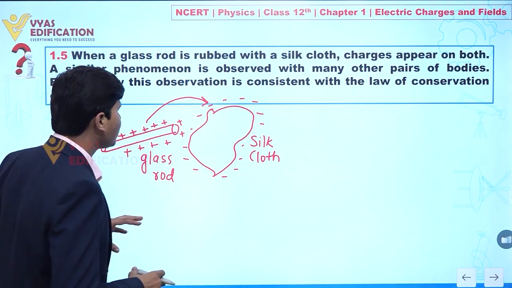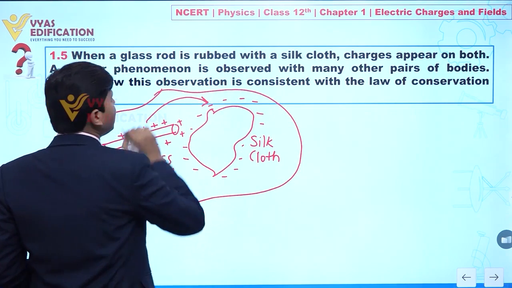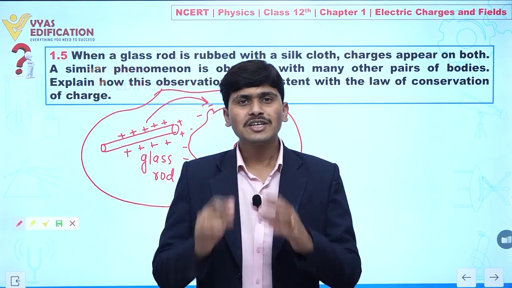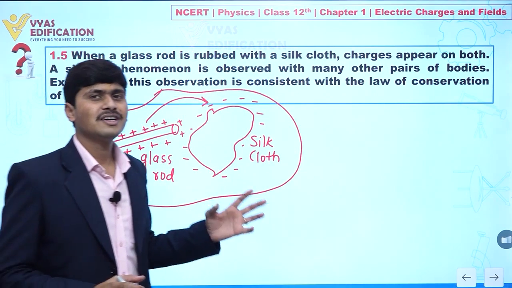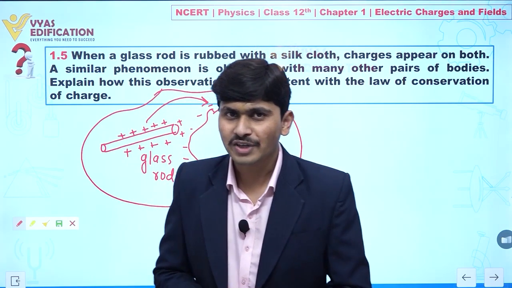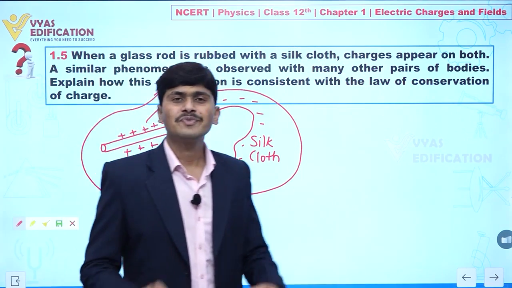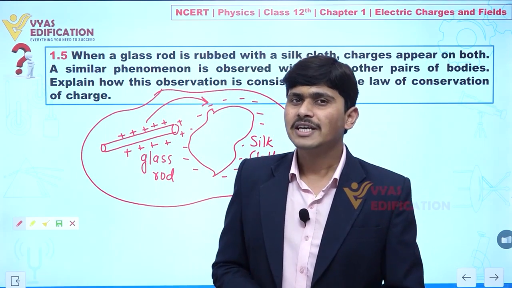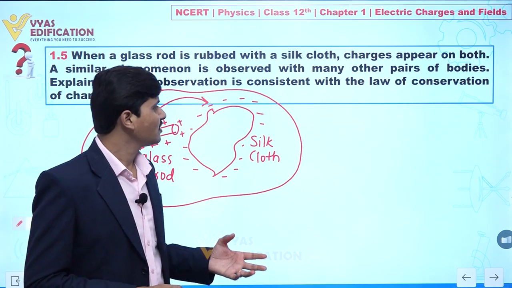If we again consider this as a system and consider the total charge present on the glass as well as the silk cloth, it again comes out to be 0, yes or no. It means the total charge of an isolated system always remains constant. So this follows the law of conservation of charge, clear to everyone, yes or no.